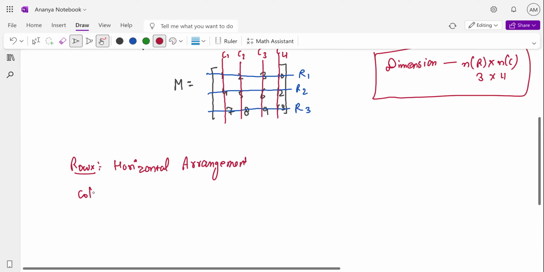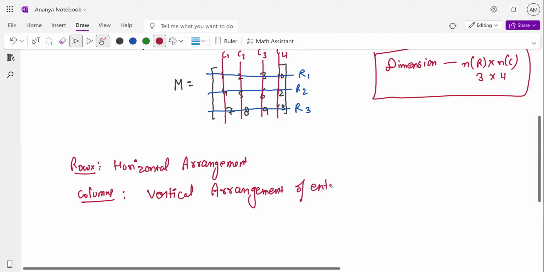And what is a column? A vertical arrangement of entries.